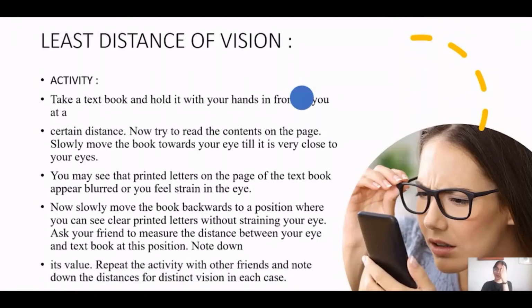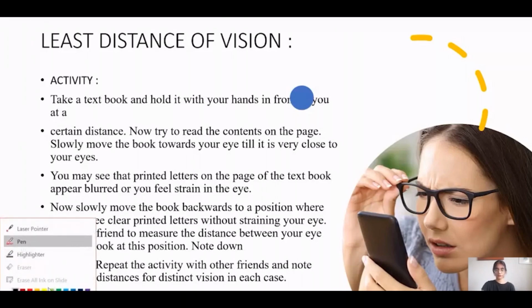You will see that the printed letters appear blurry, or your eye has to put a lot of strain into viewing the content of the book. So slowly move the book backwards to a position where you can see the printed letters clearly without straining your eye. And once you measure this distance between your eye and the textbook, you will note down this value.